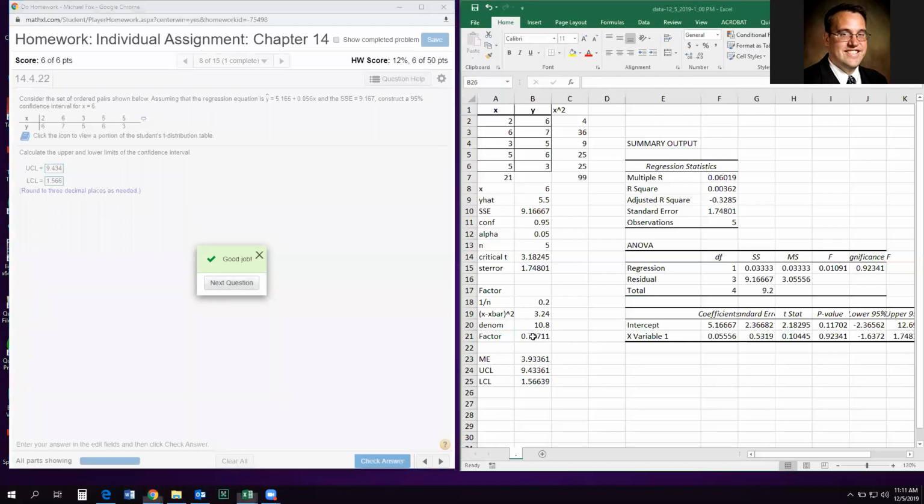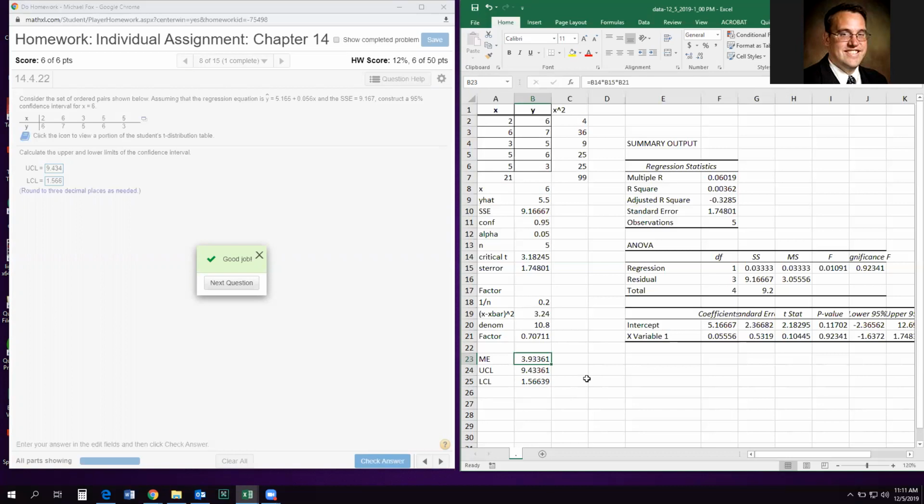And then again, your margin of error is just your critical t times your standard error times that factor. And then you add that to the y hat and subtract it from the y hat to find the confidence limits. This exact same formula and everything works for the next problem, question number 9.